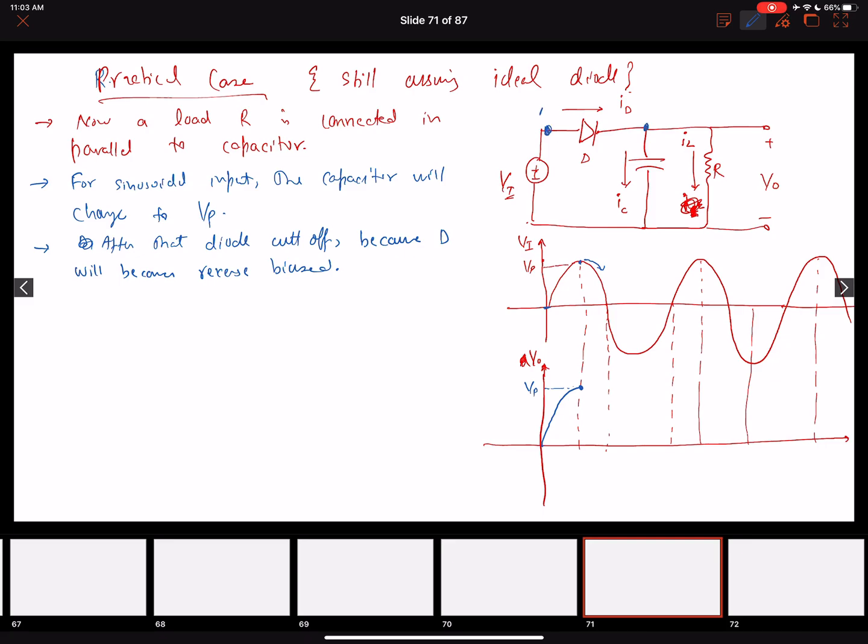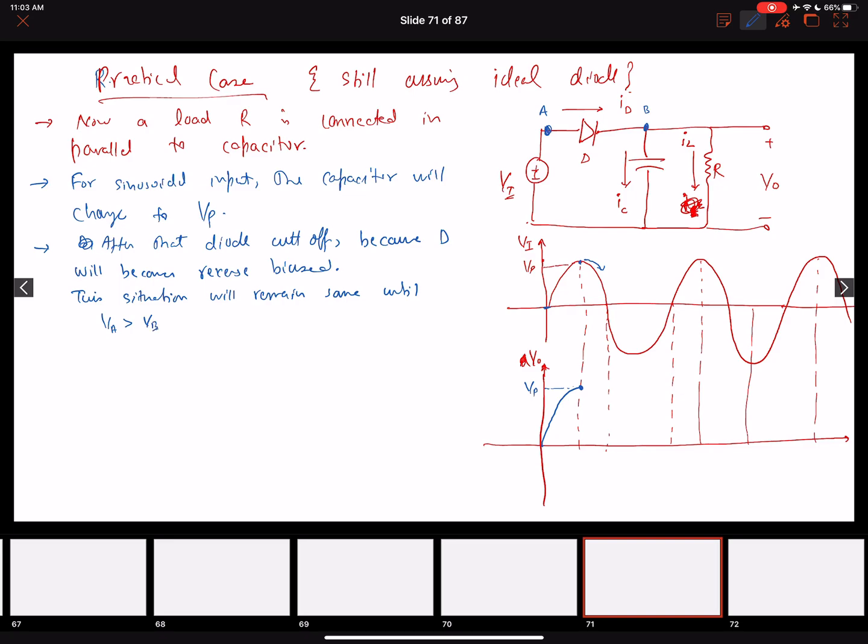So potential at A needs to become more than B for the diode to become forward biased, right? So this situation will remain the same until VA becomes greater than VB.